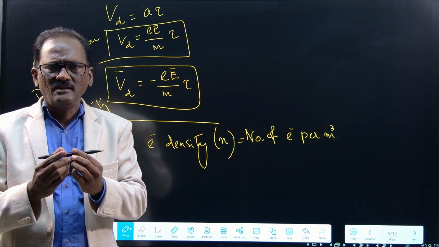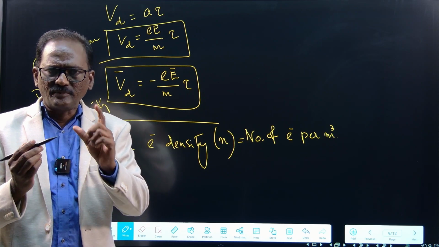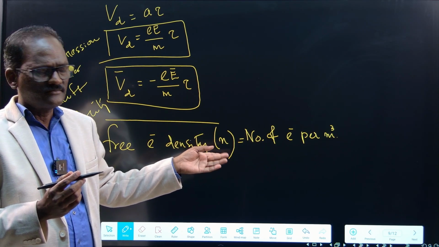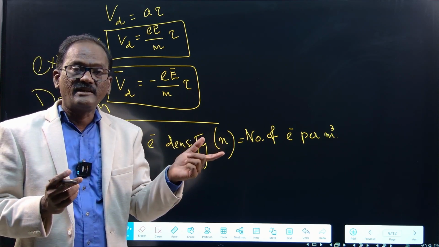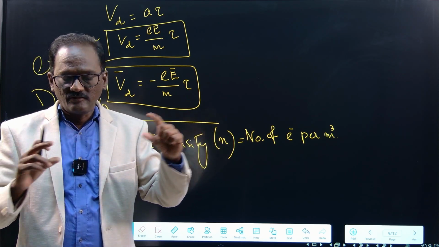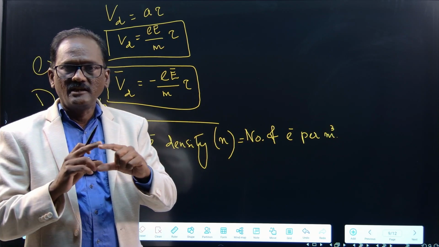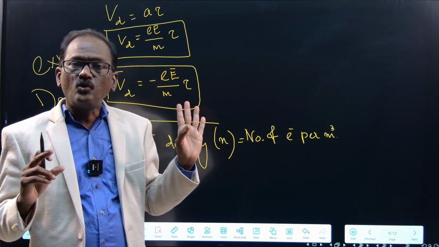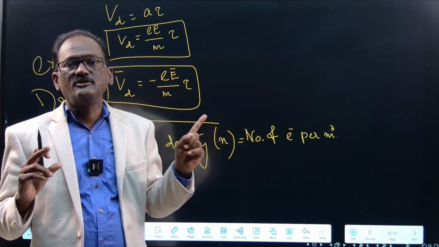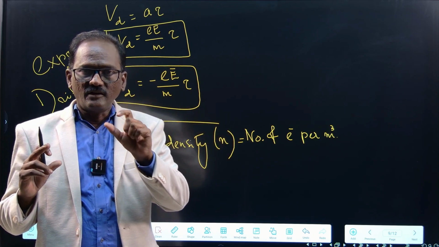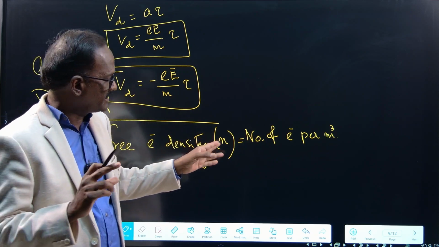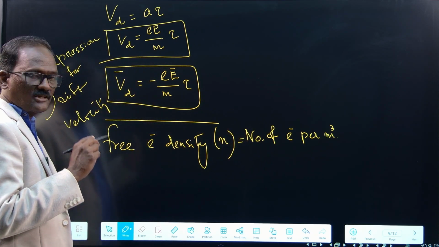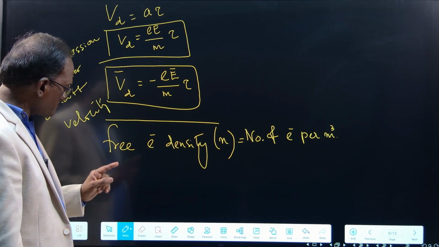So small n must be constant. Capital N may be variable. If the area of cross section and the length of the material vary, capital N will vary. The small n won't vary for the same material; material to material it may vary. This is free electron density.